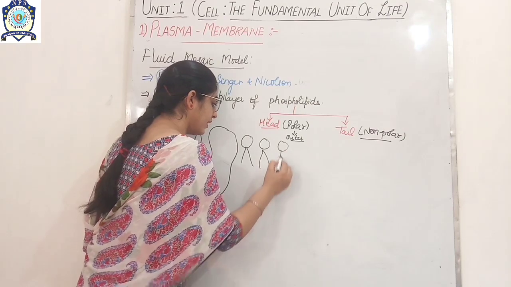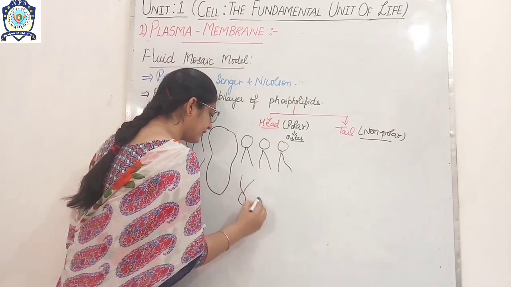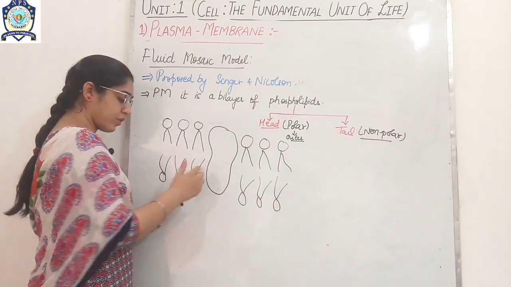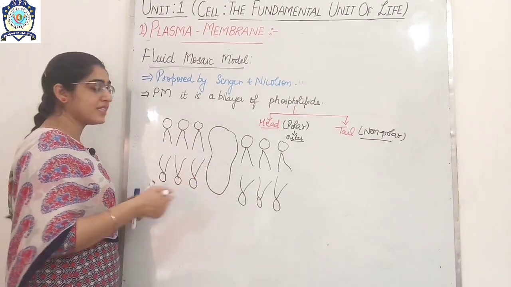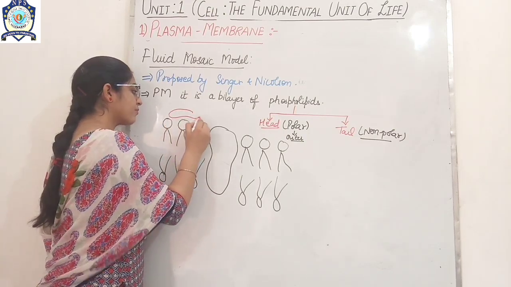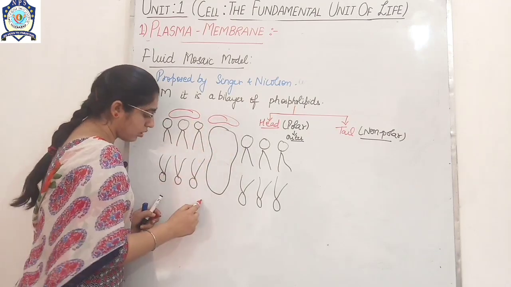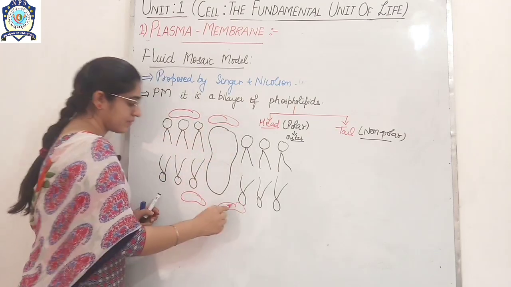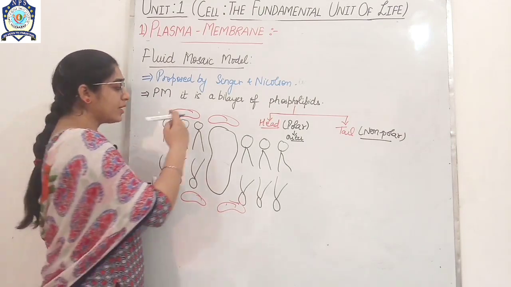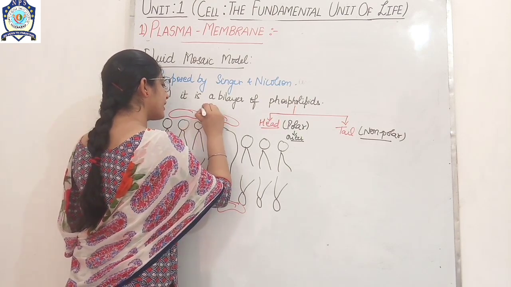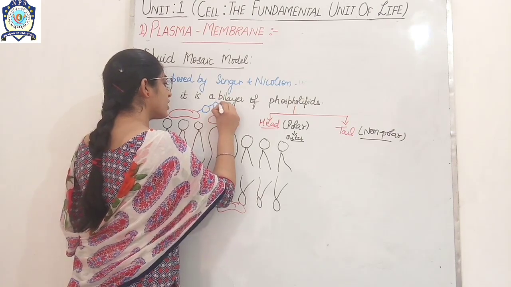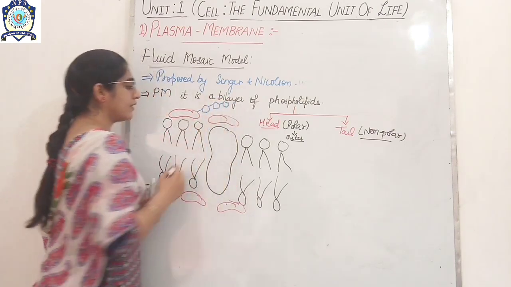This is the bilipid layer, and this one is the protein. Also on the outer side there are protein molecules, and along with the protein molecules on the outer side there is a chain of sugar molecules in this way.